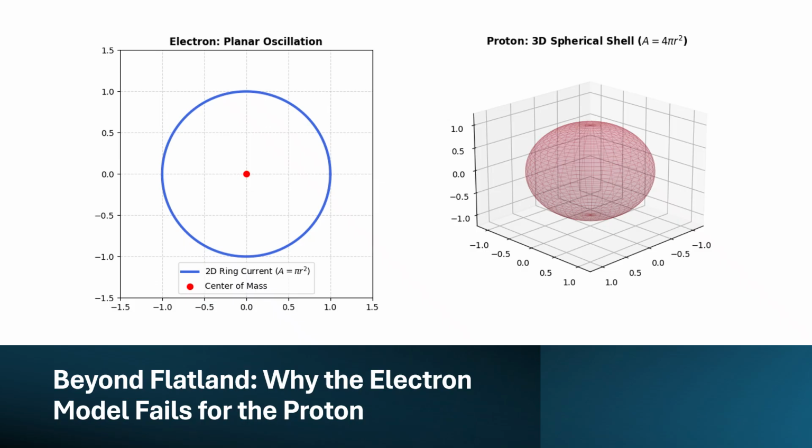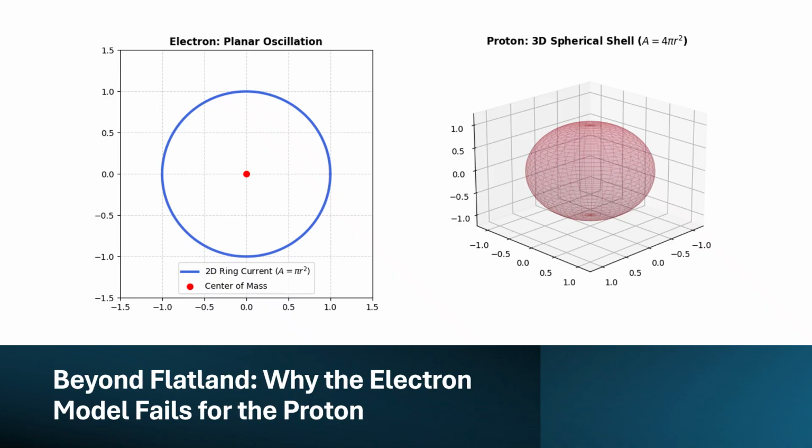In the formula for the radius, and I will also use that to explain the magnetic moment of a proton, there's a factor 4. And that factor 4 pops up everywhere.